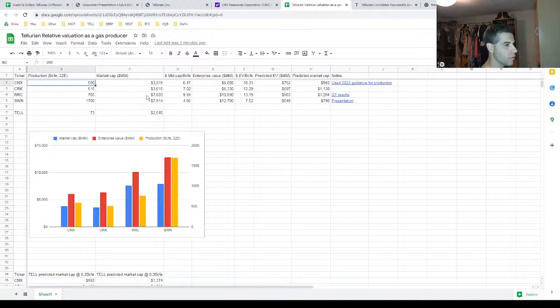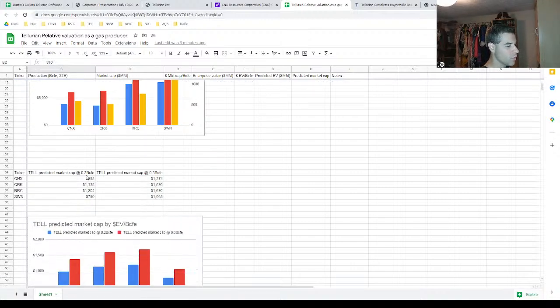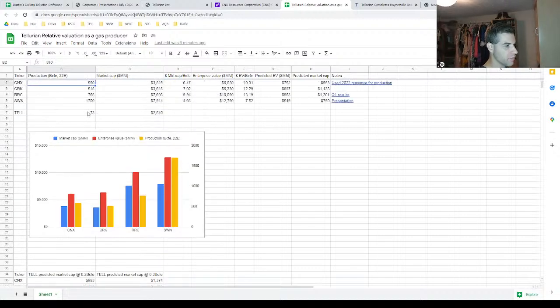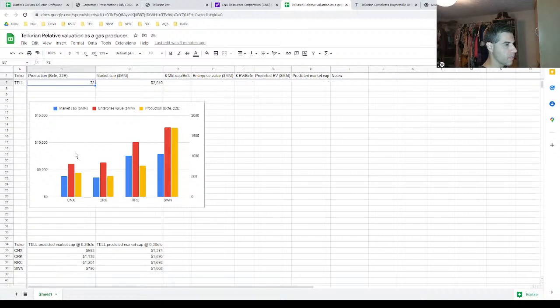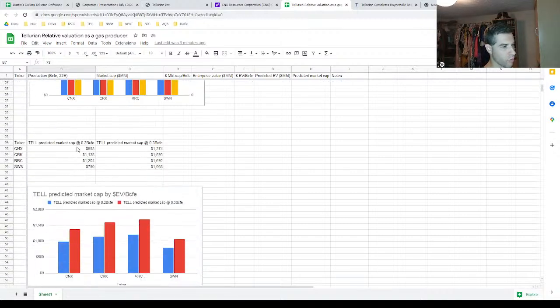And then I said, Tellurian could ramp up their gas production pretty rapidly relative to their current size, right? Like they could actually get from 73 where they were at the time to probably 200 or 300 BCF in not that long, in a couple of years. And so I was looking at what would they probably be valued at, right?